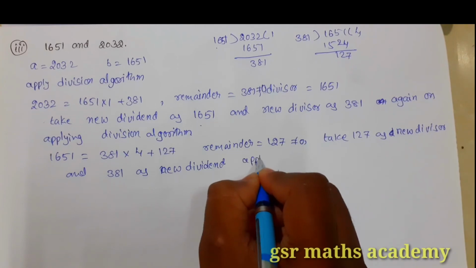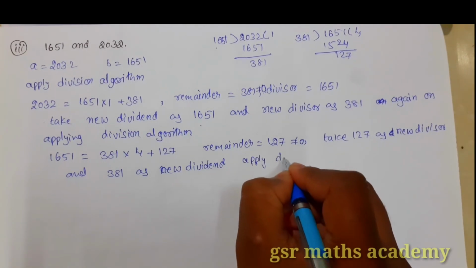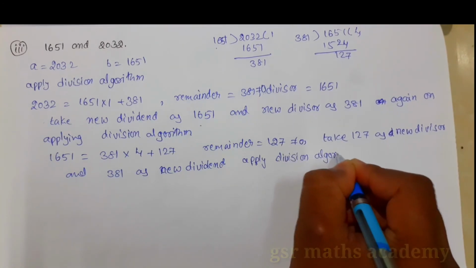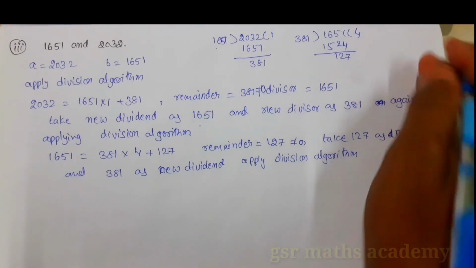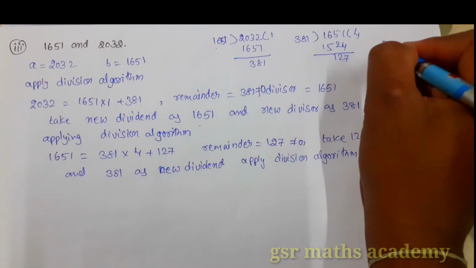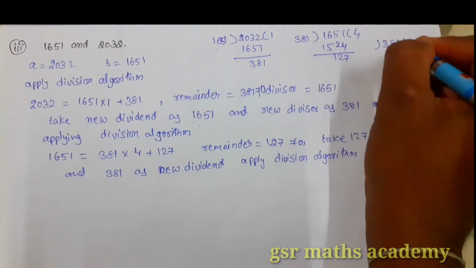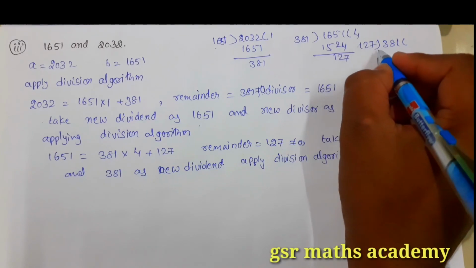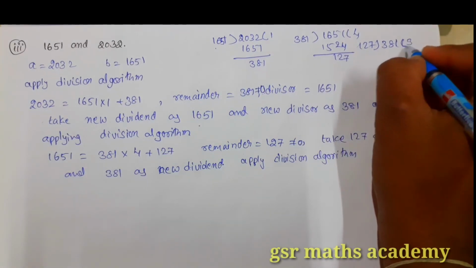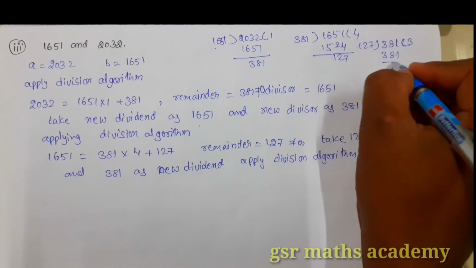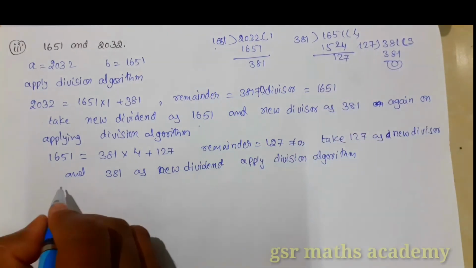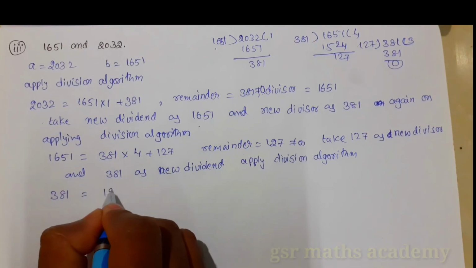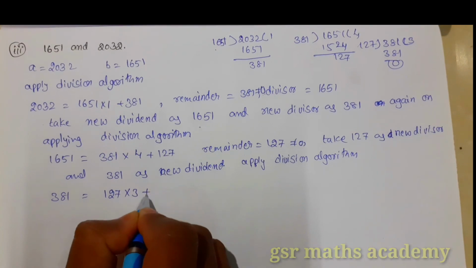Apply division algorithm again. That means we need to divide 381 by 127. On dividing 381 by 127, 127 threes are 381, then remainder is 0. Then on applying Euclid division algorithm, 381 can be written as 127 into 3 plus 0.